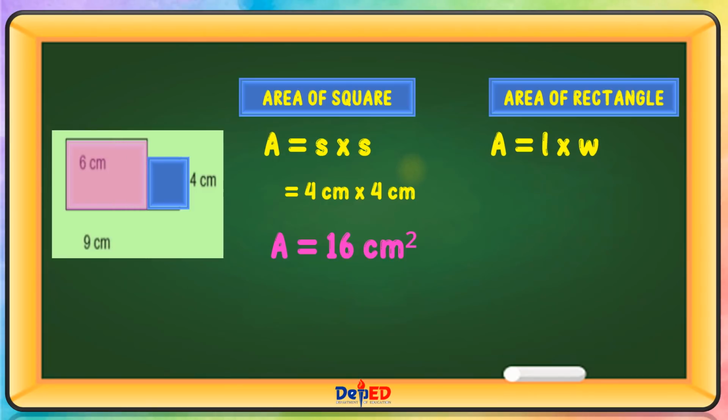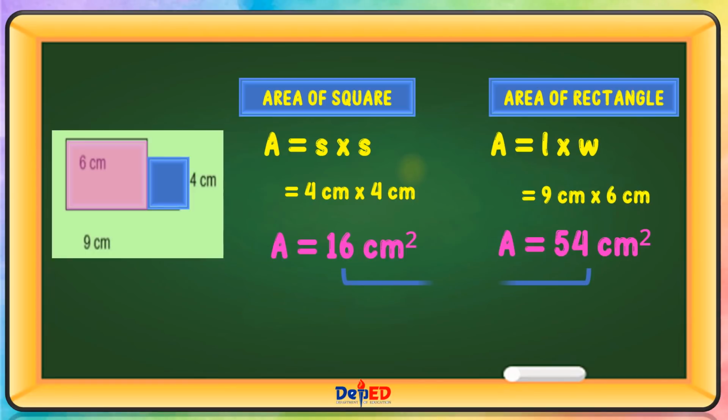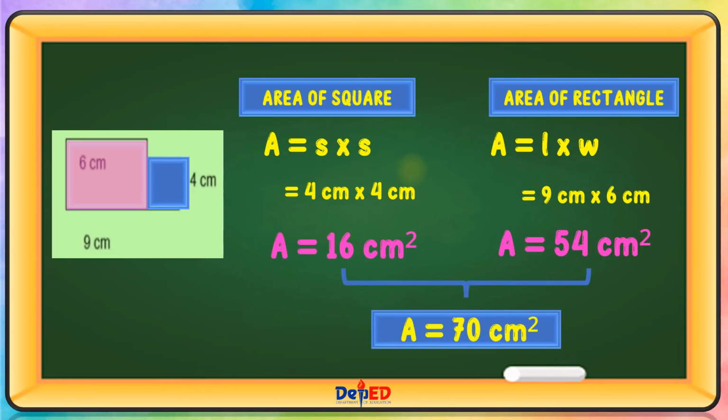Ang length natin ay 9 cm at ang width natin ay 6 cm. 9 times 6 equals 54 cm squared. 16 cm squared plus 54 cm squared ay 70 cm squared.